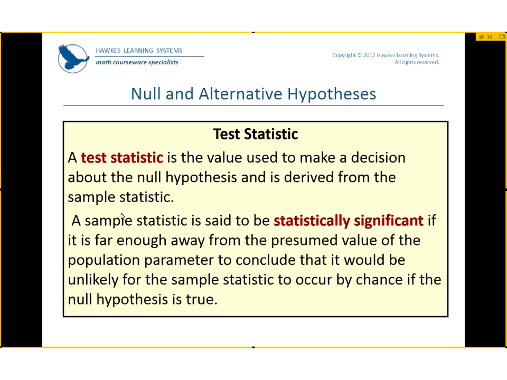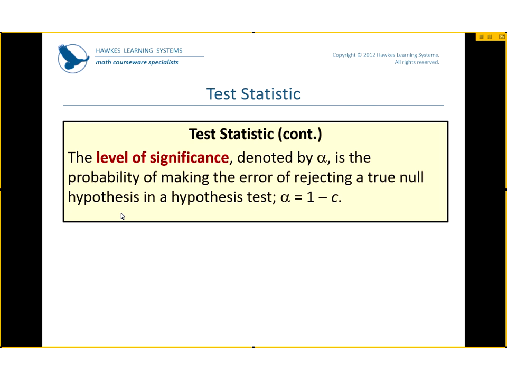That's a huge mouthful. Let's break it down into parts. You can say a sample is statistically significant, which means that it is far away from what the population's parameter is saying, and it's unlikely that it would occur by chance if the null is true.